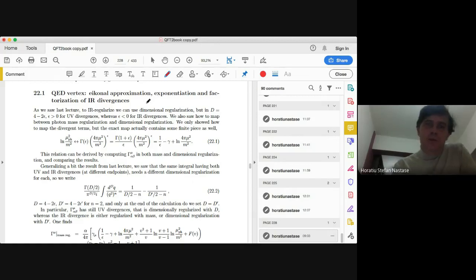We also saw that in order to map a calculation in photon mass regularization to dimensional regularization, we have to basically drop the 1 over epsilon poles in epsilon from dimensional regularization, and map the photon mass to the dimensional transmutation parameter mu.